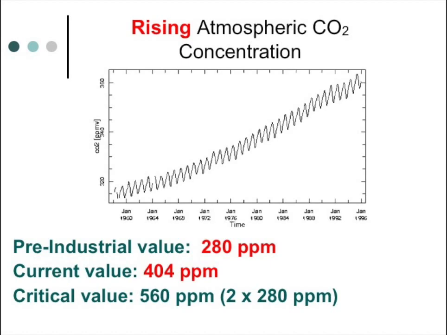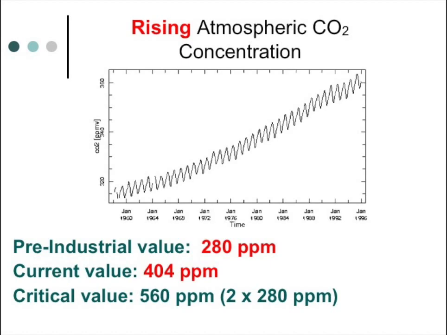So that combination of more emission of CO2 and fewer places for that CO2 to be taken up means there has been an increasing concentration of CO2 in the atmosphere. CO2 has been building up. So back in the middle of the 19th century, pre-industrially, the concentration of CO2 in the atmosphere was about 280 parts per million. Now it's about 400 or 404 parts per million.